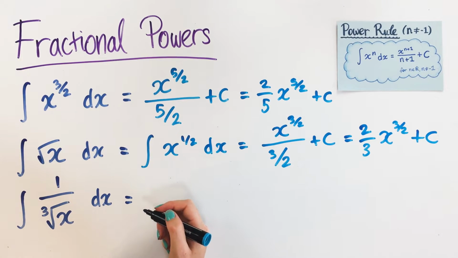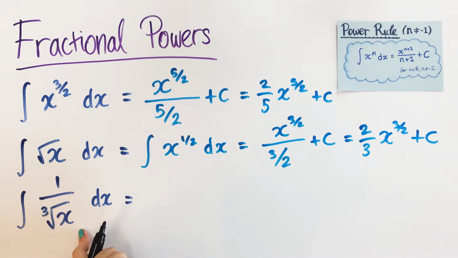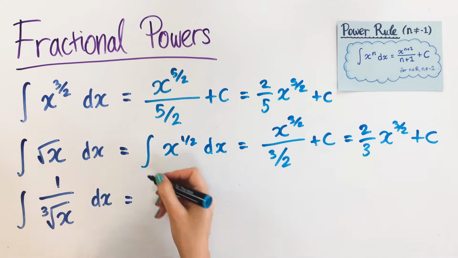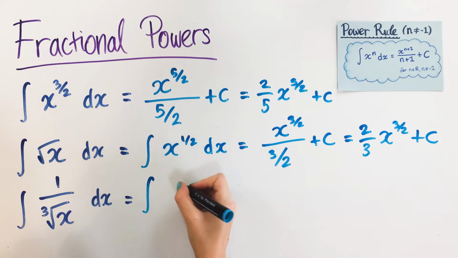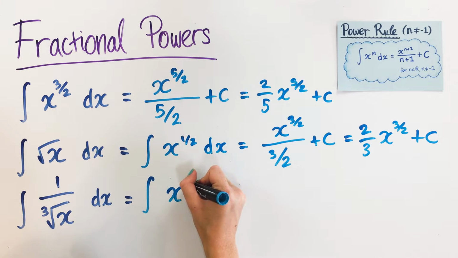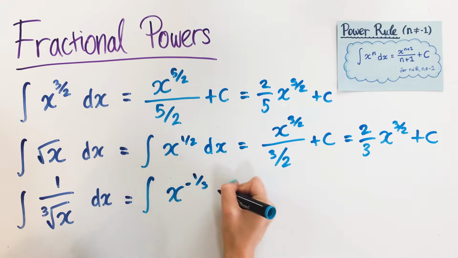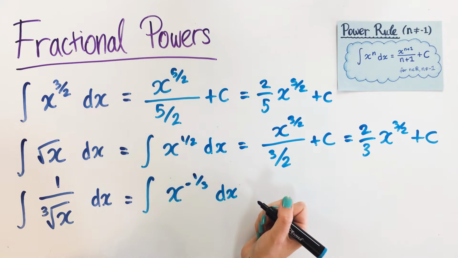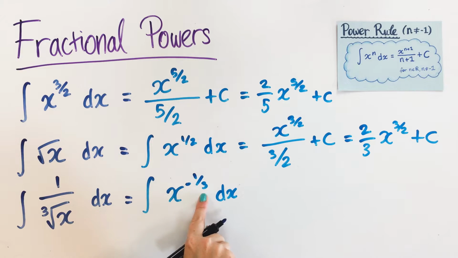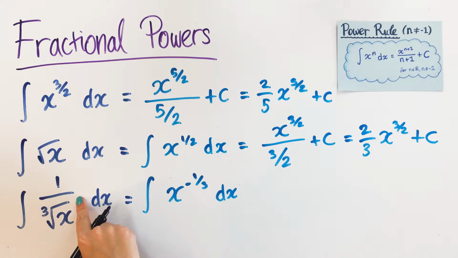With this final one here, again, this looks a bit scary, not in the right form, but we can rewrite this as the integral of x to the power of minus a third dx. So a third part comes from the fact it's the cube root of x, and the negative sign comes from the fact we've got here 1 over the cube root of x.